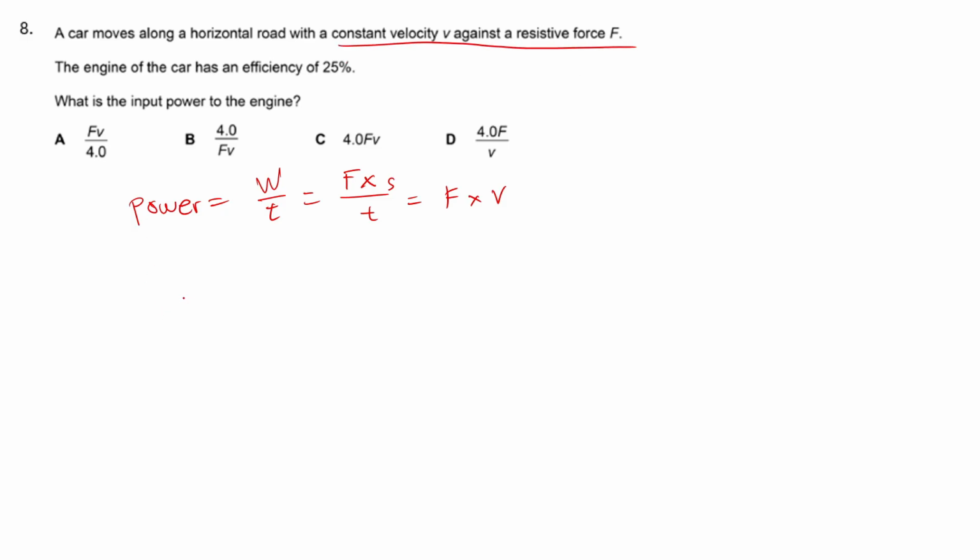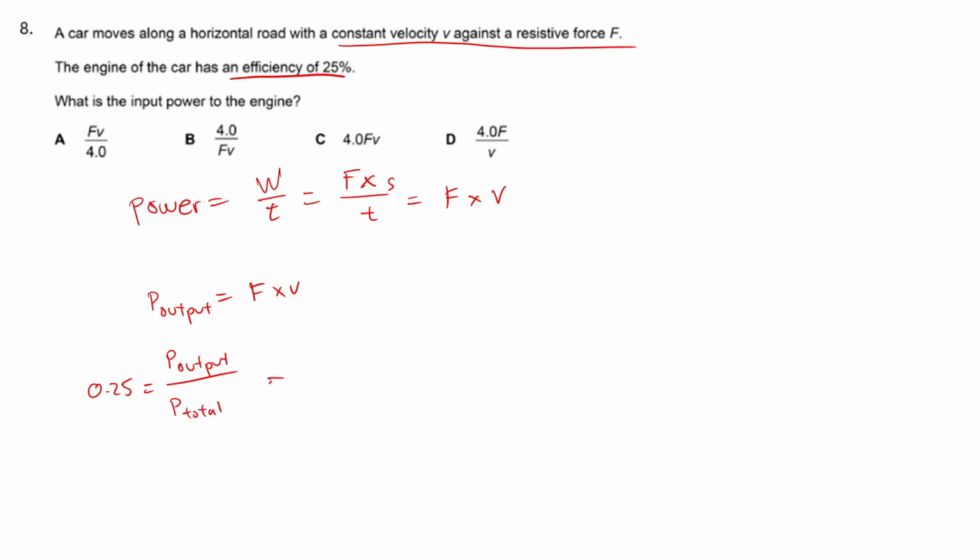And we see that the engine of the car has an efficiency of 0.25. So let's say our P output, or the power that we're actually outputting, is equal to F times v. We know that P output over the total amount of power is equal to 0.25, or 1/4, which is the efficiency given here.